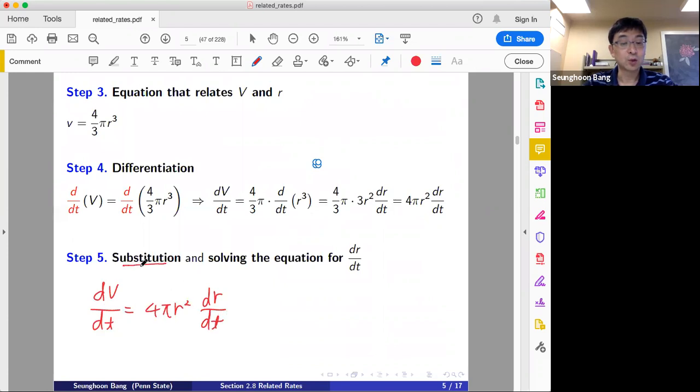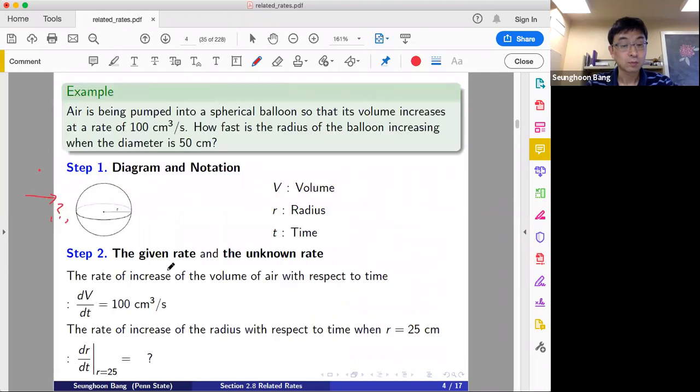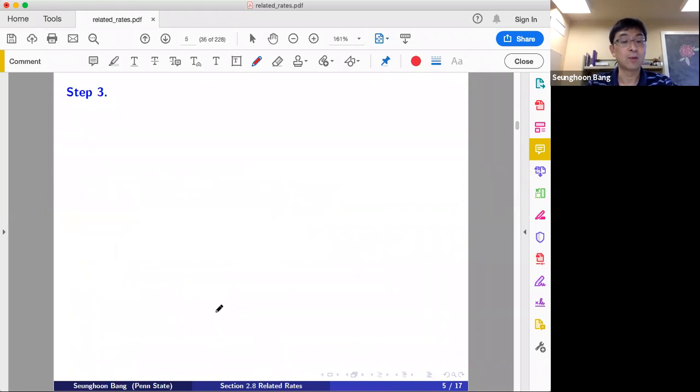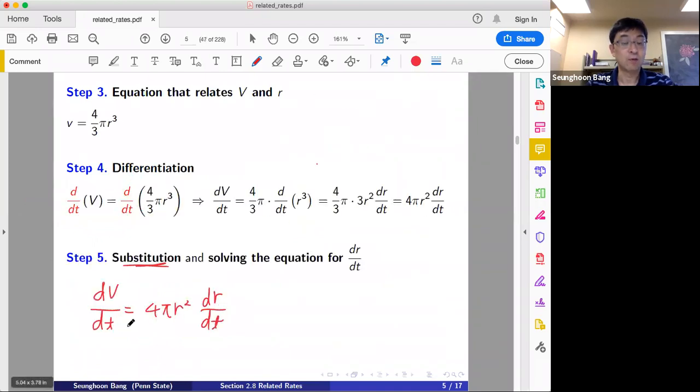You have to substitute the given information. The given information is always from step 2. We are going back to step 2. Here, dV over dt is 100 and r equals 25. We can plug these numbers in.